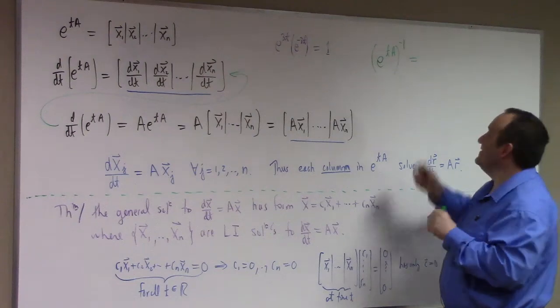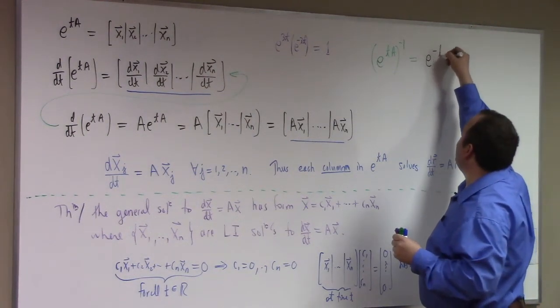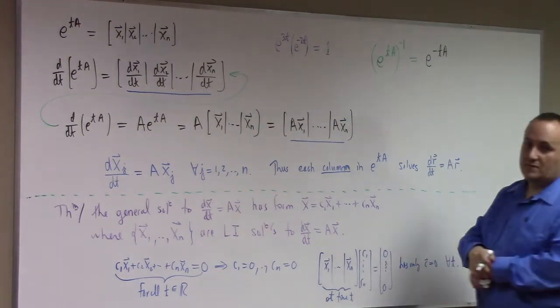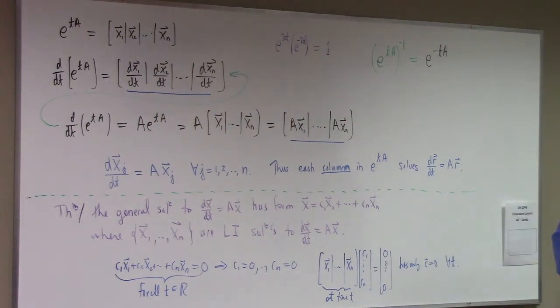Yes, indeed, e^(-tA) is the inverse. You can prove that by multiplying the series for that with the series for the other one, and you get this beautiful truncation, and all you're left with is the identity matrix.